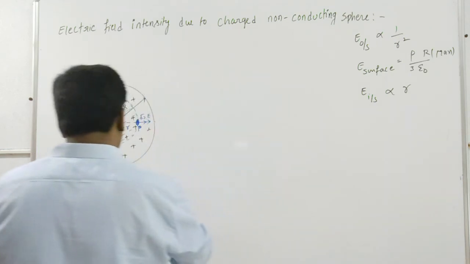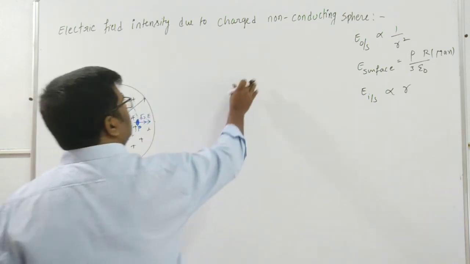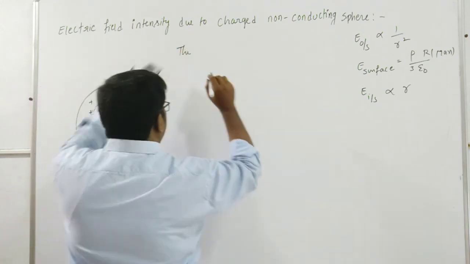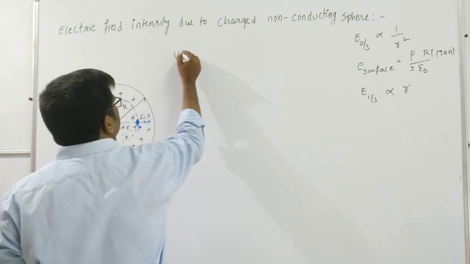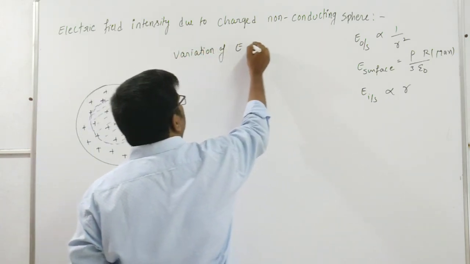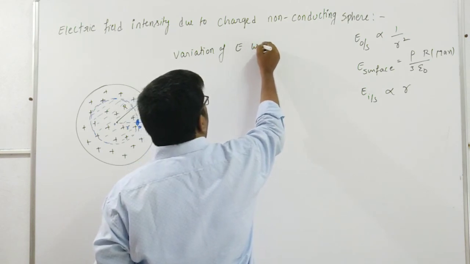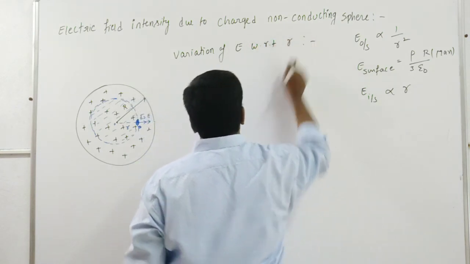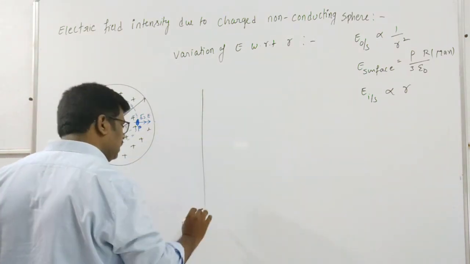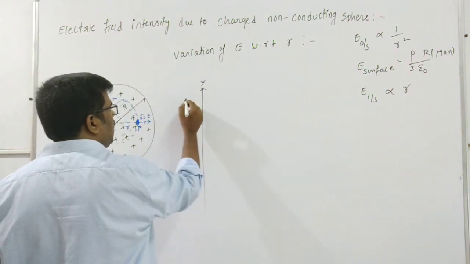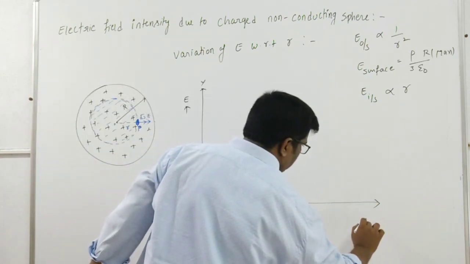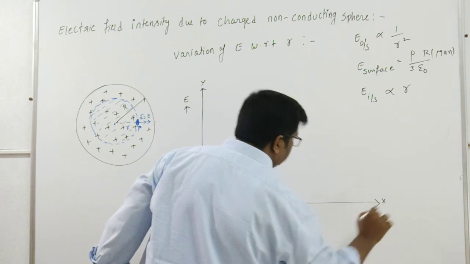Now I am going to write the variation of electric field intensity, the variation of E with respect to r. I am going to take electric field intensity on the y-axis and distance on the x-axis.